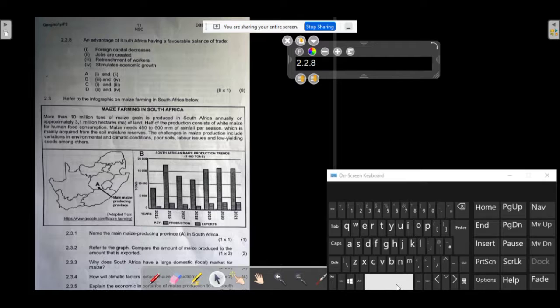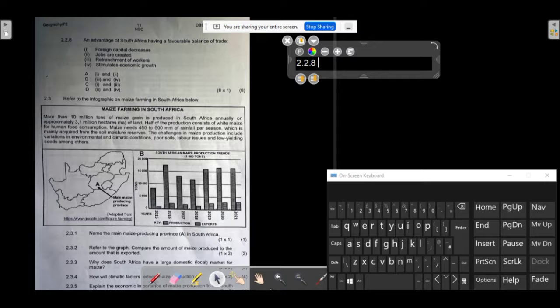We have four Roman figures again. Having a favorable balance of trade basically means you are exporting more than importing. You are selling more. So foreign capital decreases. That's not an advantage. Jobs are created. Retrenchment of workers. Stimulates economic growth.